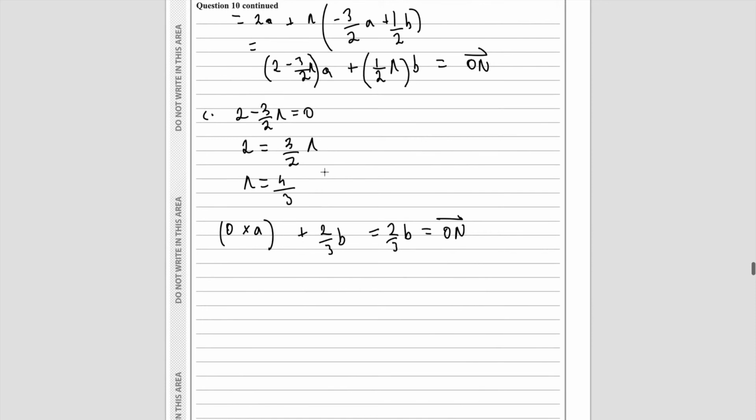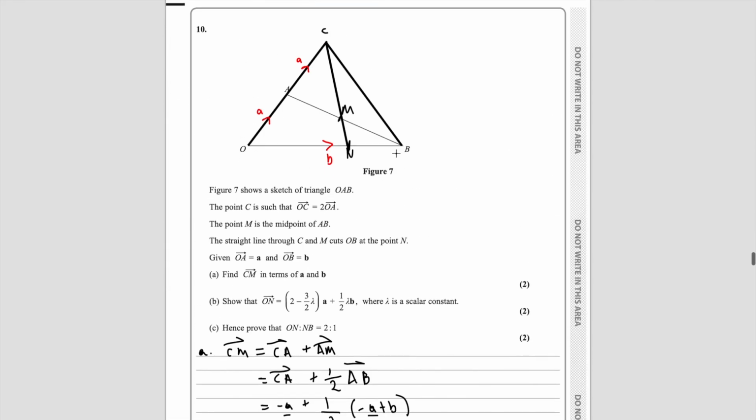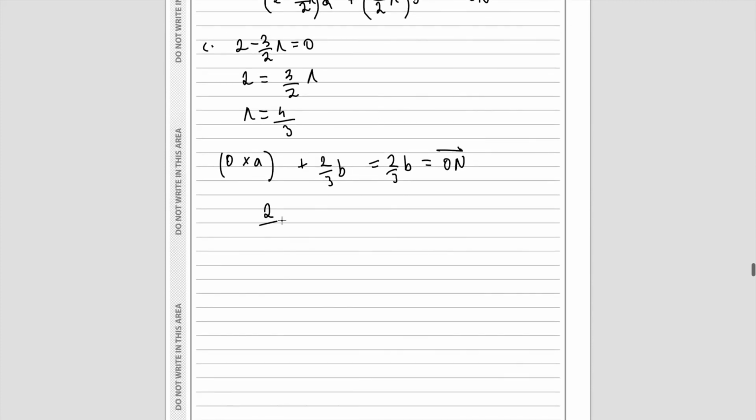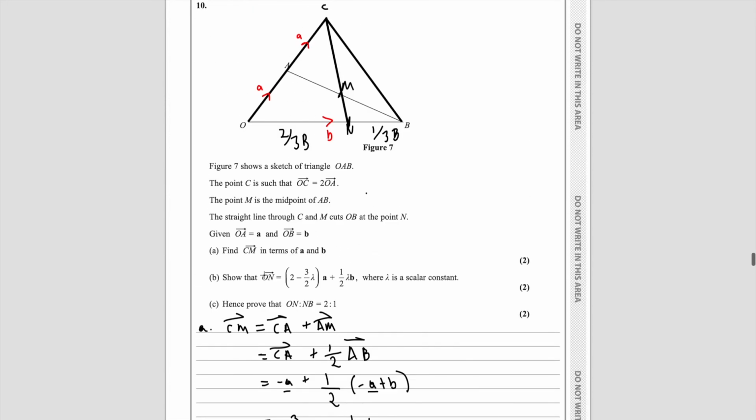On top of that, we know that OB, the whole distance, is B. So if this is 2/3 B, and this whole distance is B, that means that this is 1/3 B. And the ratio between 2/3 and 1/3, once we multiply both sides of this ratio by 3, is 2 to 1. And that verifies this statement here.